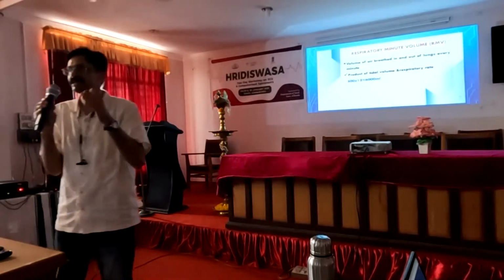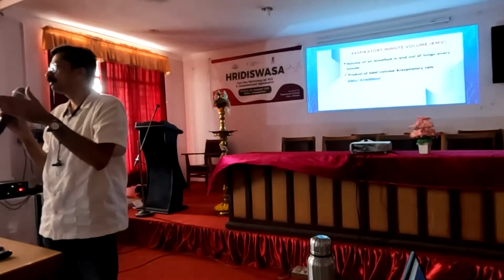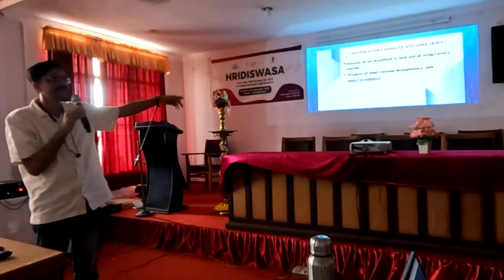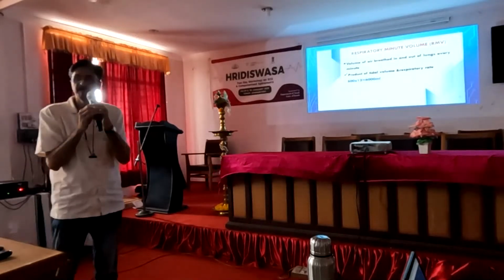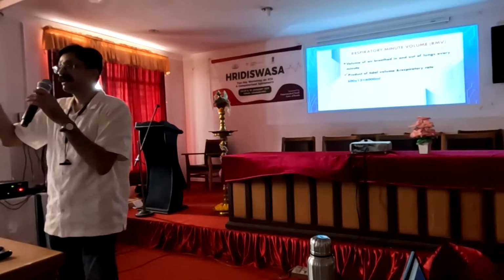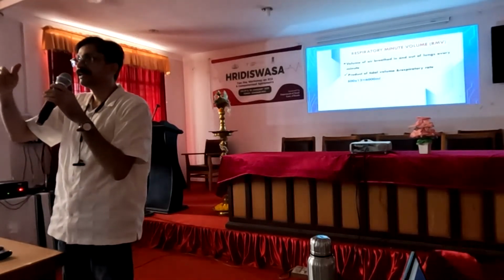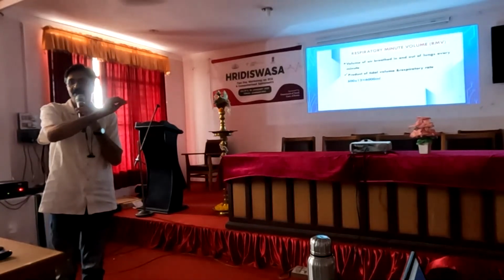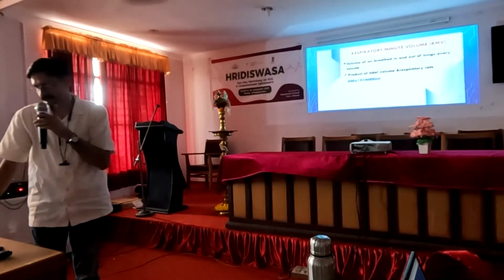We are taking 12 to 16. So 12 into 500 is 6,000 ml, or 6 liters, the respiratory minute volume. Then we would subtract the anatomical dead space and so on. We are not concerned with that here. I am giving the normal basic concepts.